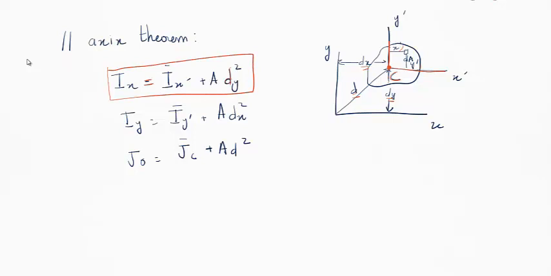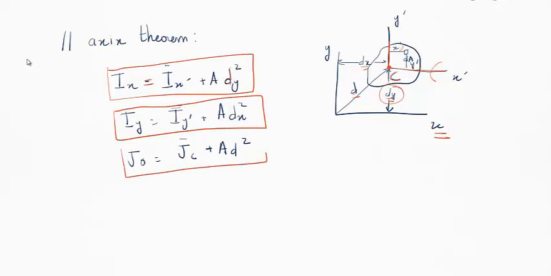So Ix about this axis, this is x, is going to be the moment about here plus the area times dy squared. Now for Iy, it is Iy prime plus A dx squared. And J is Jc plus A d squared. Now this is d and this is dx.